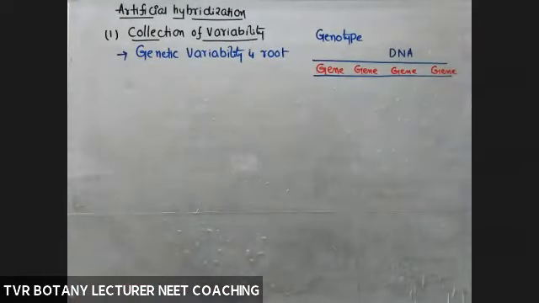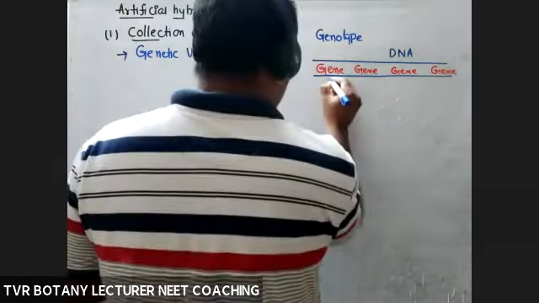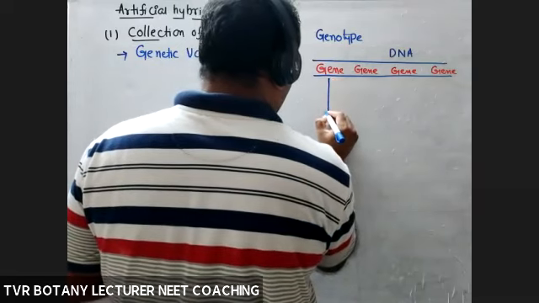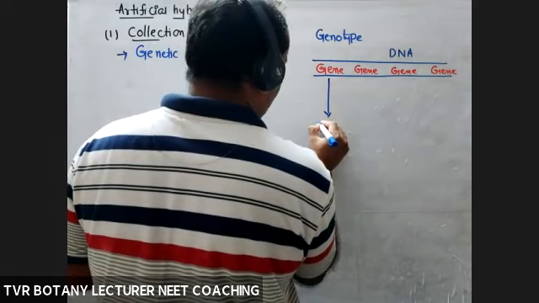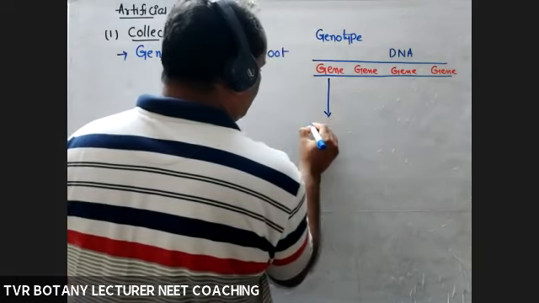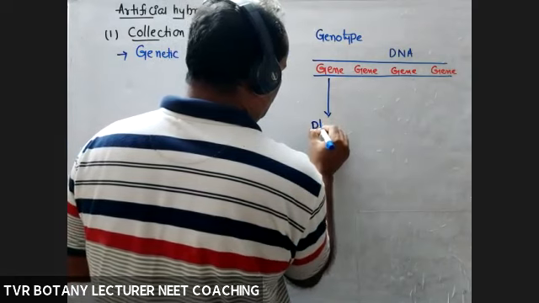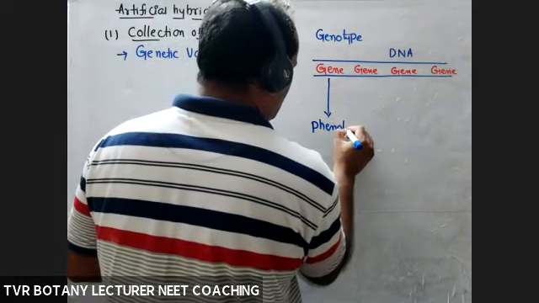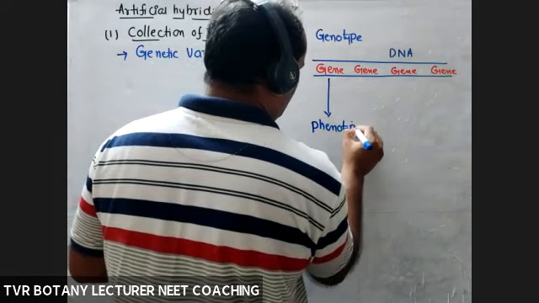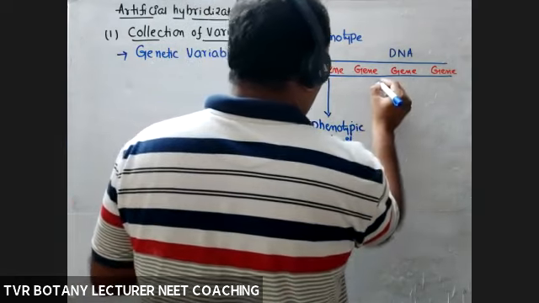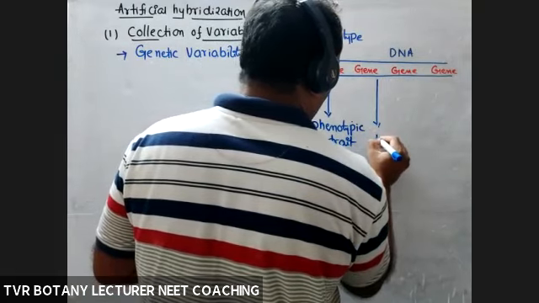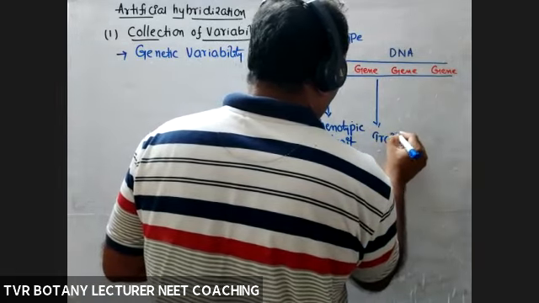Okay, so here, for example, each gene is coding for a particular enzyme, whatever the type of enzyme. So this gene is concerned with expression of a particular phenotype, a phenotypic trait. And this one is concerned with a second trait or character.